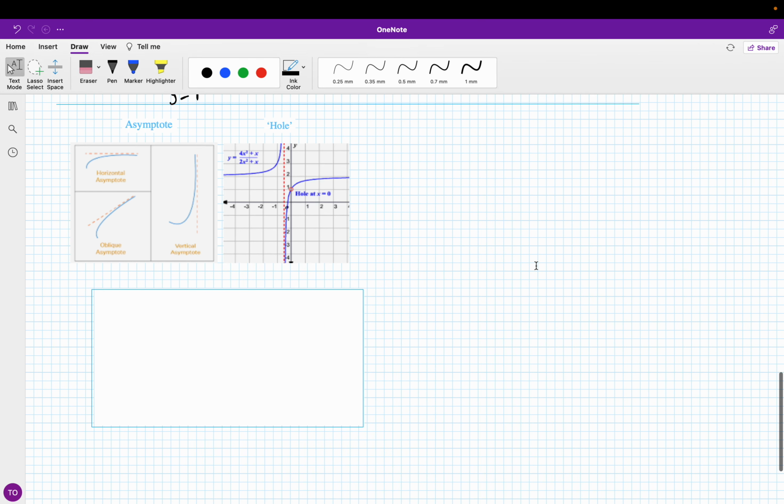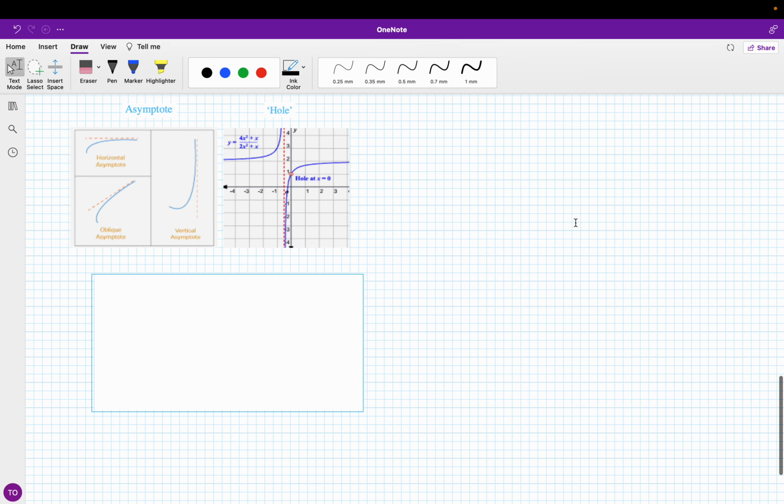Just last little bit, the asymptotes and holes. A hole is like an open circle, I suppose. When you've done your number line before with inequalities, you'd have an open or closed circle. So that's maybe somewhere else we might see it. It's a hollow open circle. It's a point where the function is not defined. So where y is equal to 1, the function is not defined at a point, but it does approach it.